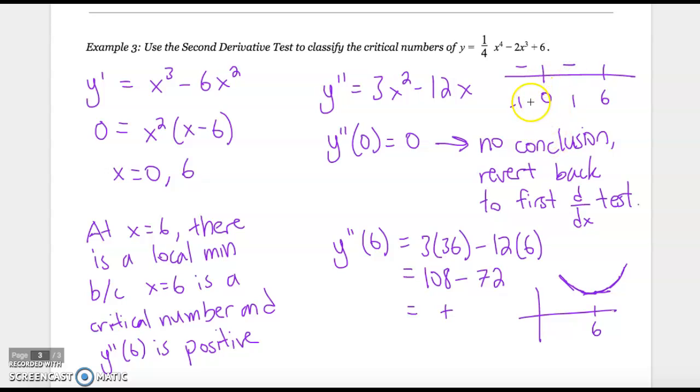And so at 0, I would have a saddle point, and that's why we couldn't make any conclusions using our second derivative test, because we didn't result in a max or a min; your second derivative wasn't positive or negative when I plugged in 0. Sometimes that'll result in a saddle point, sometimes it won't, but that's why it didn't work for x equals 0.